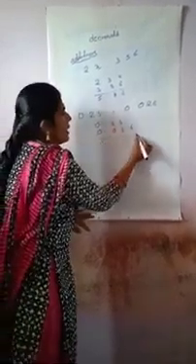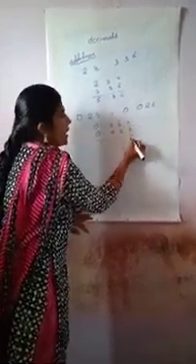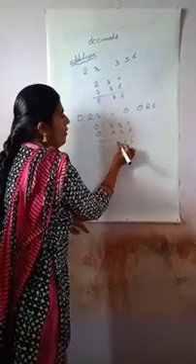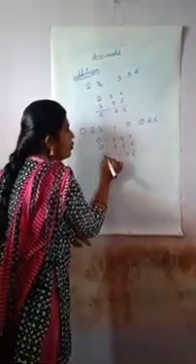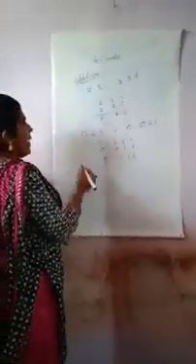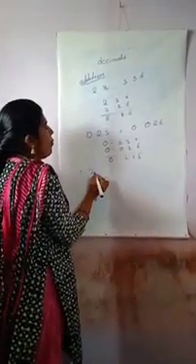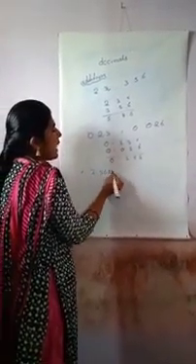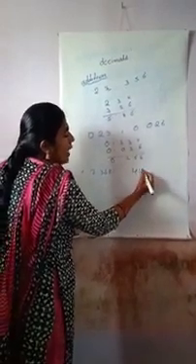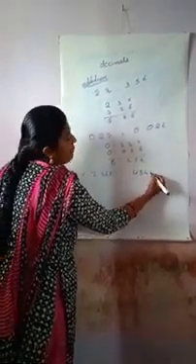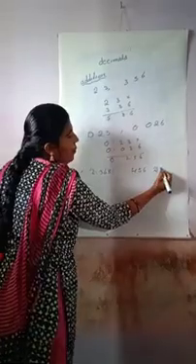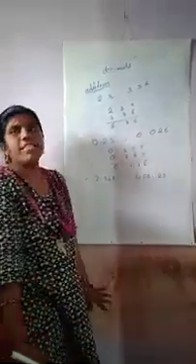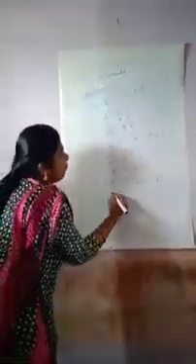So 6, 3 plus 2, 5, 2.0. Okay. Next example. 2.368, 456.23.